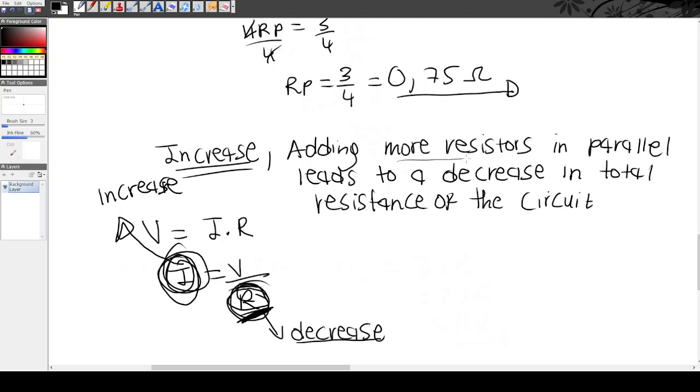When you add more resistors in parallel, you will get a decrease in total resistance of the circuit.